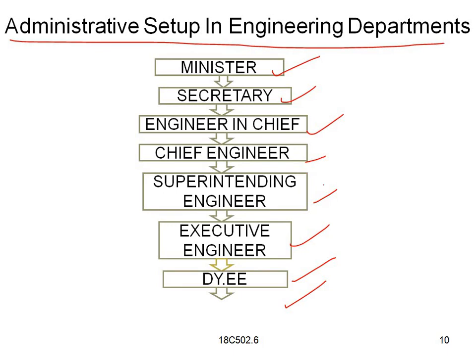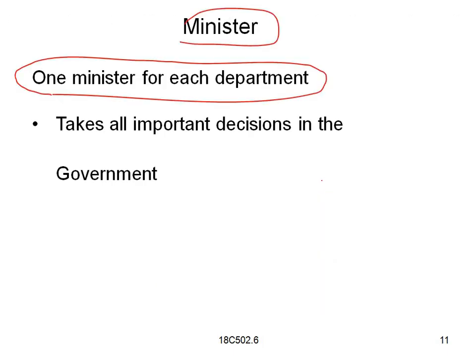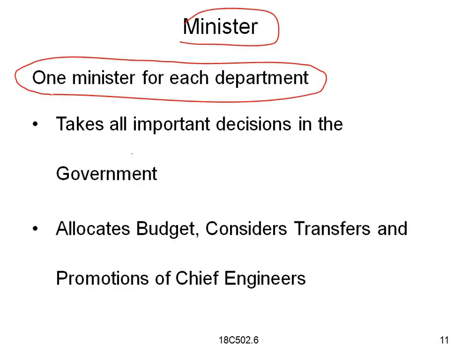So what are the departments? The minister takes all the important decisions in the government. One minister for one department. For example, take the irrigation department. For irrigation one minister will be there. For the roads department another minister will be there. For the Panchayat Raj department another minister.